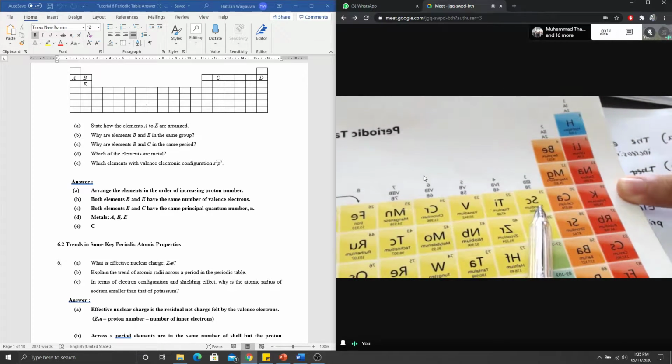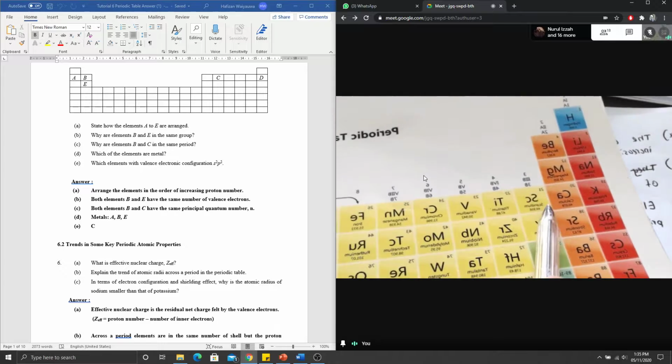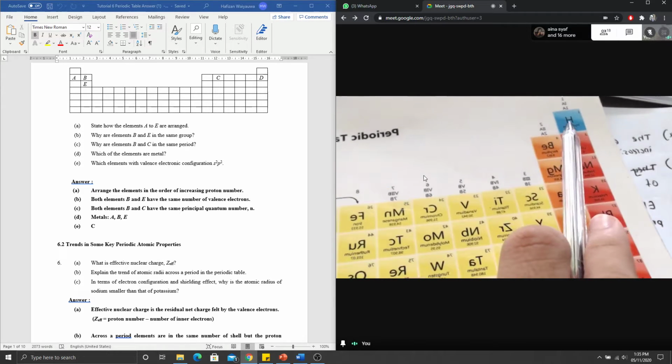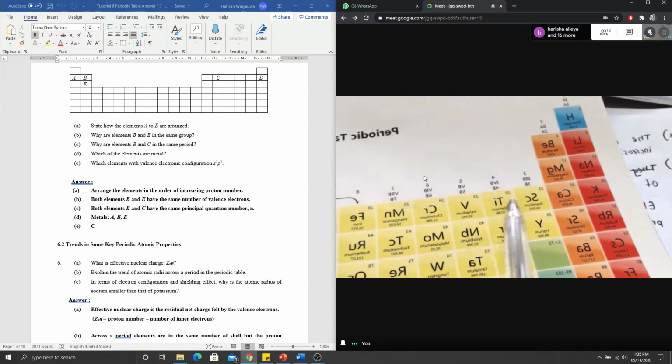Sebab scandium ni kita letak dekat 4s, kemudian kita letak dekat 3D1, 3D2, 4s2, 3D3. Sebab itulah period bukannya the last yang kita isi, is the highest principal quantum number. Dekat sini diorang ada 4s, sebab tu dia duduk kat period 4. Period 1, 2, 3, 4. Okay, boleh?